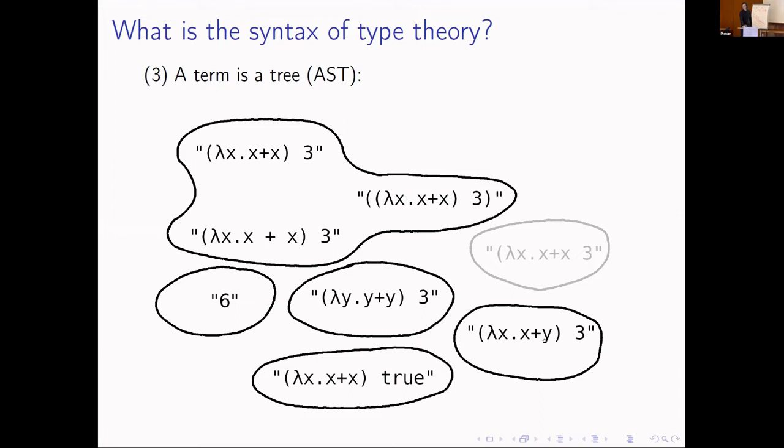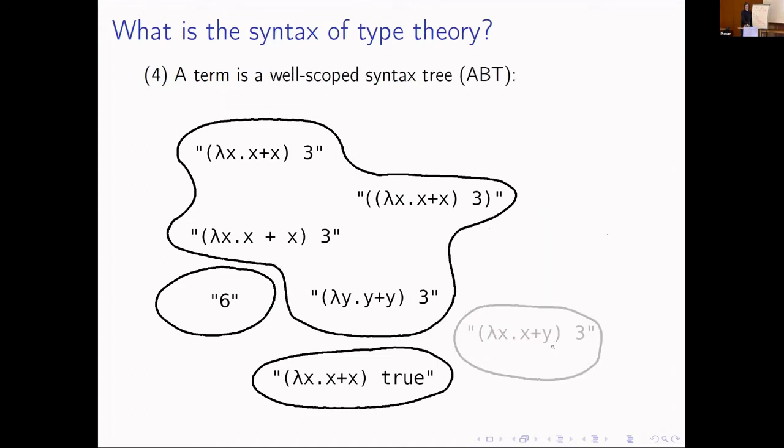Also there is this y here, and we don't know where it's coming from, so it's not in scope. We will exclude this one, and then we come to a level of abstraction which is called a well-scoped syntax tree or abstract binding tree, where this one is excluded, and these ones are all the same.